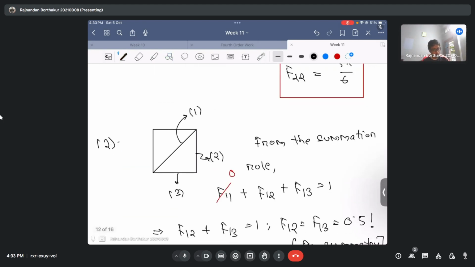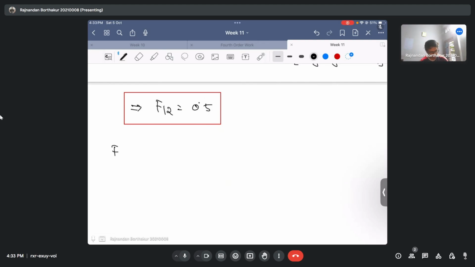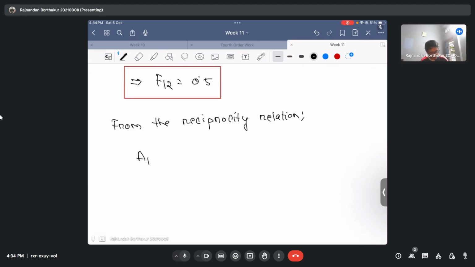Also, since we need to calculate F21, I will again use the reciprocity relation. From the reciprocity relation, I can say that A1 F12 is equal to A2 F21, which means F21 will be equal to A1 by A2 times F12.